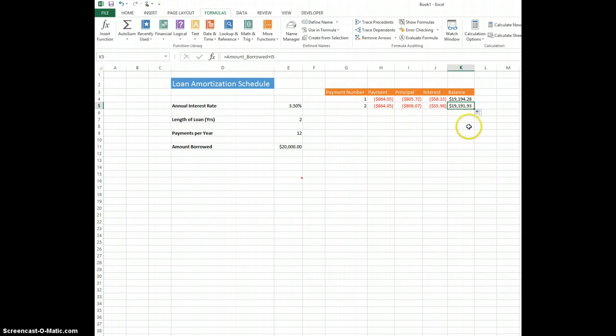The answer is quite simply, you deduct the principal that you've just paid from the previous balance. So you get rid of the amount borrowed and replace it with the previous balance.